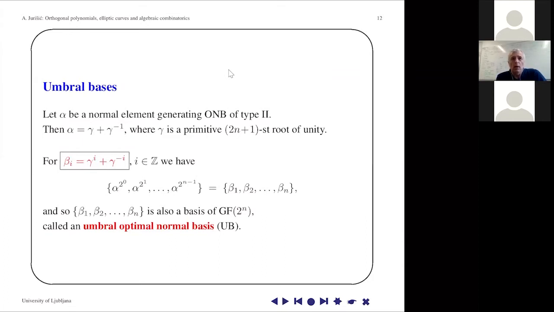So what I did was I called beta i gamma to the i plus gamma to the minus i, and I realized that these betas are just a permutation of the normal basis that I started with. Now these indices of betas will behave like powers in some sense. So that's why we call this umbral optimal normal basis, and in short, just UB.